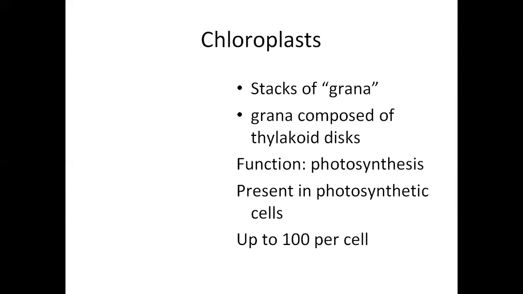The function of chloroplasts is photosynthesis and is therefore present in all photosynthetic eukaryotic cells. The number of chloroplasts varies by plant, but because chloroplasts are larger than mitochondria, there is perhaps up to about 100 chloroplasts per cell.